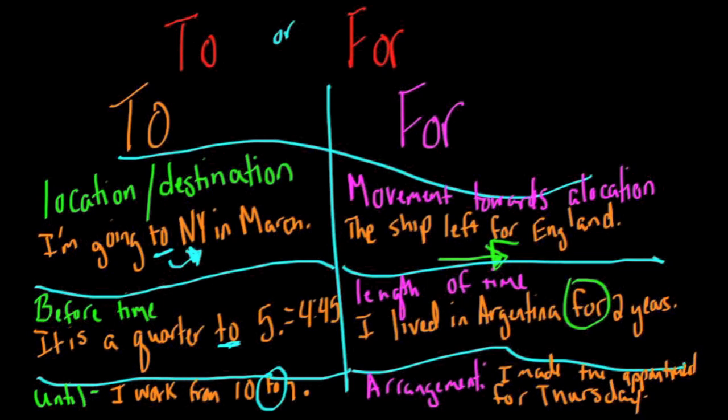So some kind of plans or arrangement where we use for here. So these are some of the examples of when we use to and for.